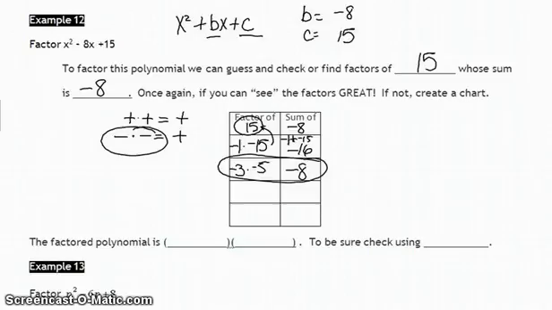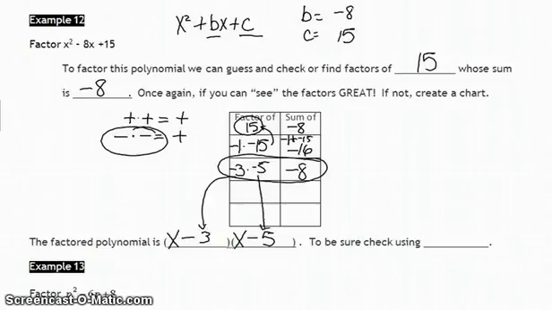So the factored polynomial is going to be, we take the first term without the exponent, if it's squared, so we'll have x, and then minus 3, minus 5. Just write those two factors we found into the second spot in those binomials.